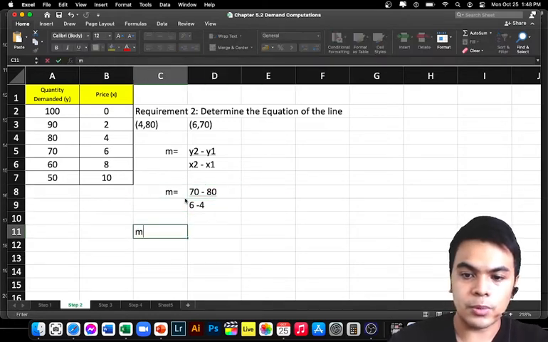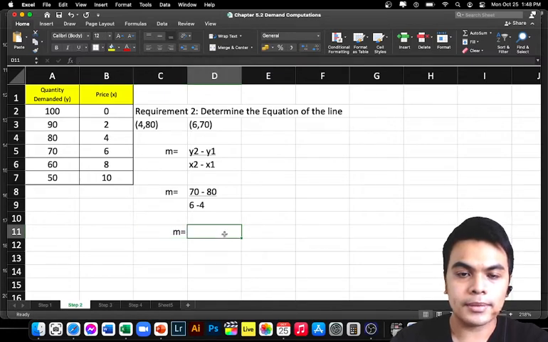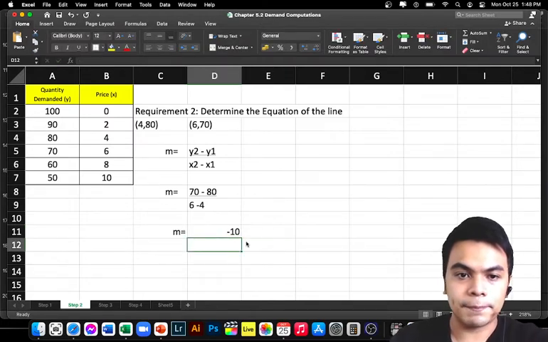So our slope is, 70 minus 80, that is negative 10, divided by 6 minus 4, that is 2.